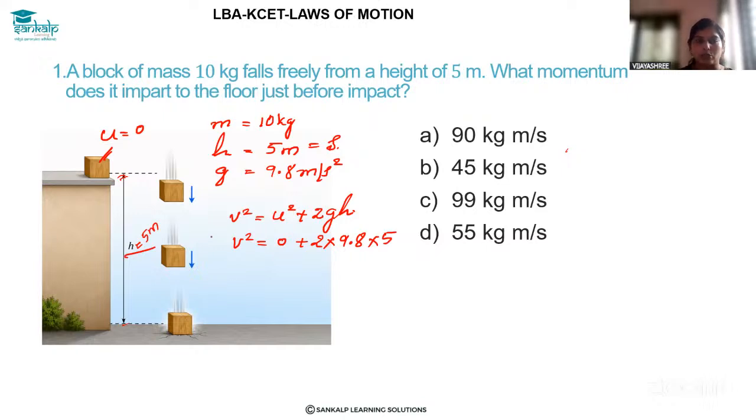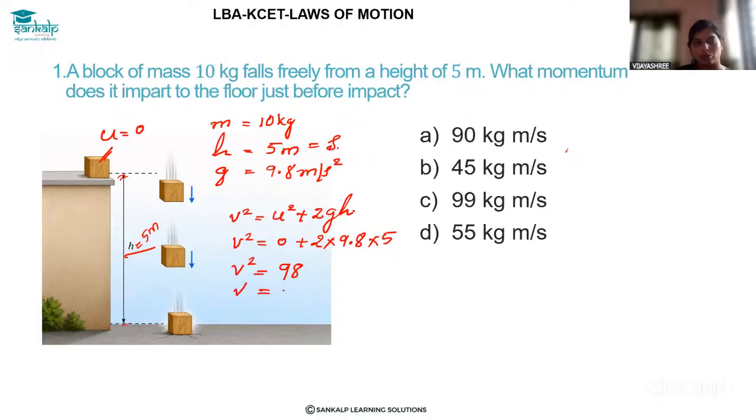So V square is 9.8 into 2 into 5. 2 into 5 is 10. 10 into 9.8 is 98. So V square equal to 98.